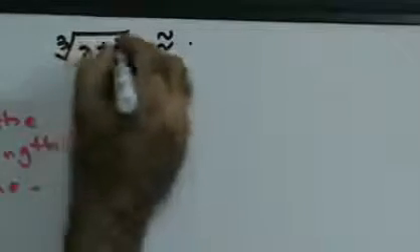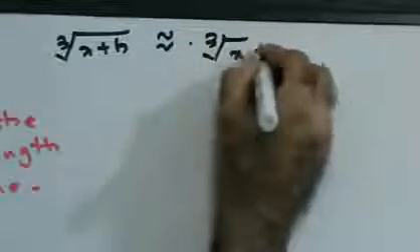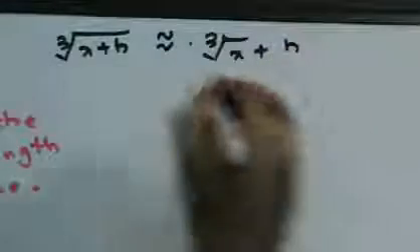f of x plus h is approximately equal to f of x plus h times f bar of x, which can be substituted as cube root of x plus h is approximately equal to cube root of x plus h times f bar of x.